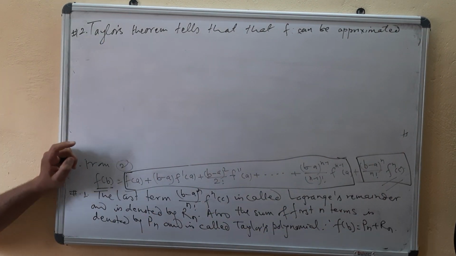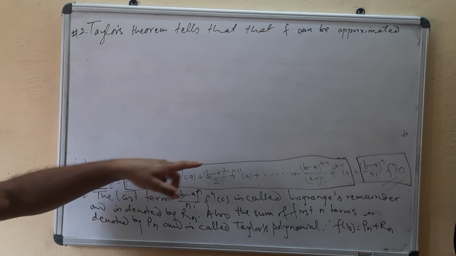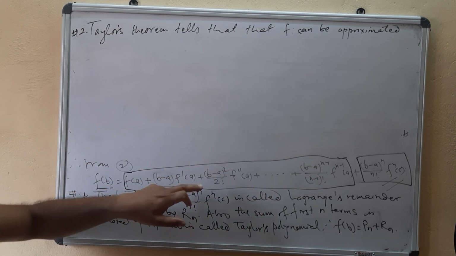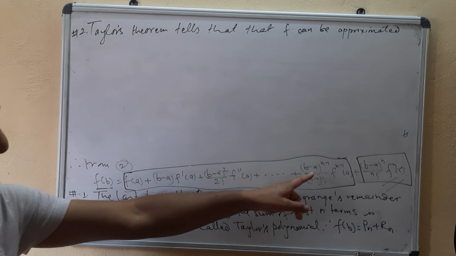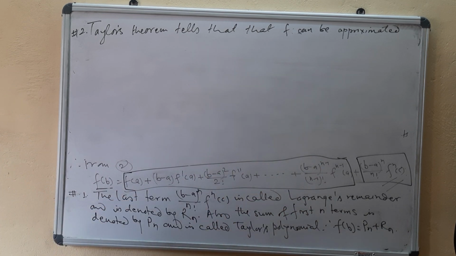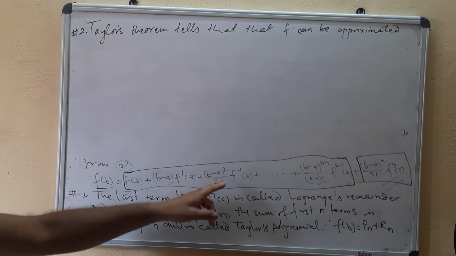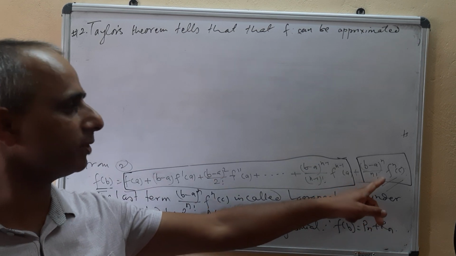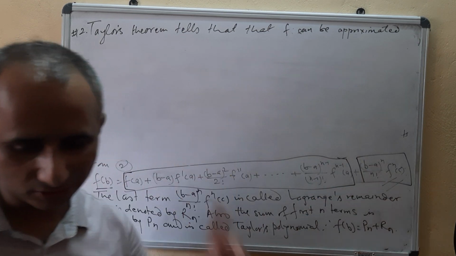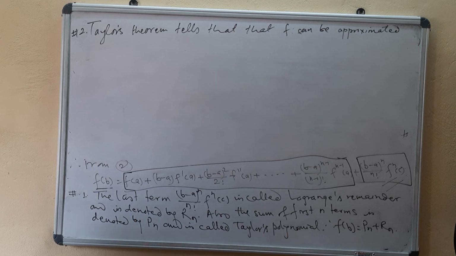It is approximated by a polynomial of degree n minus 1, and the error of approximation will be given by this remainder.